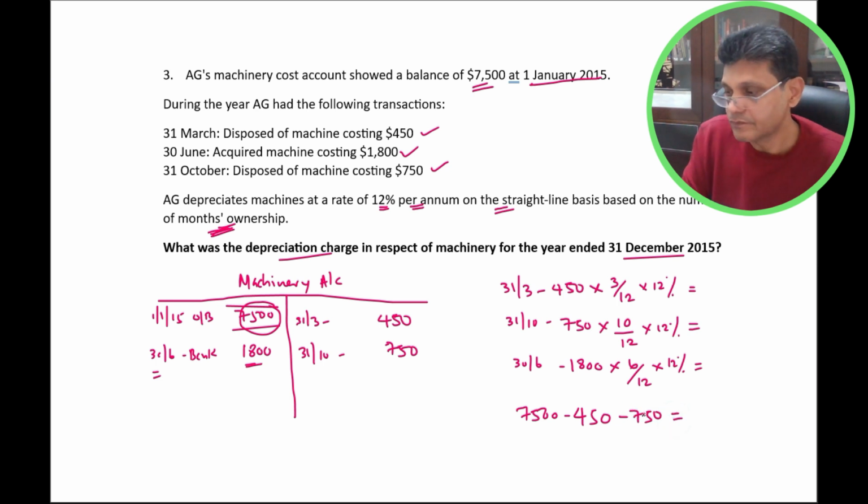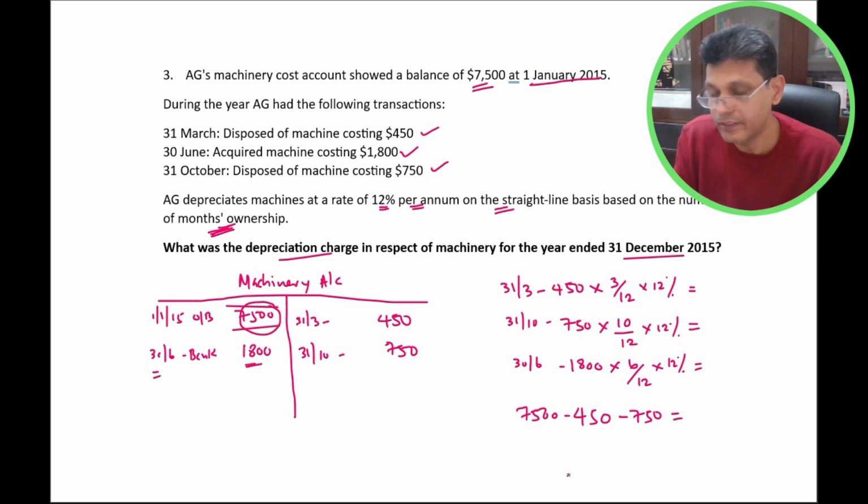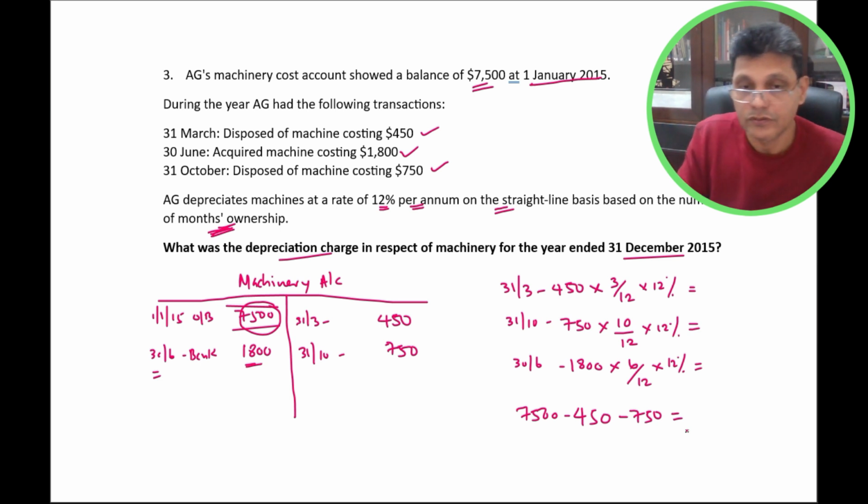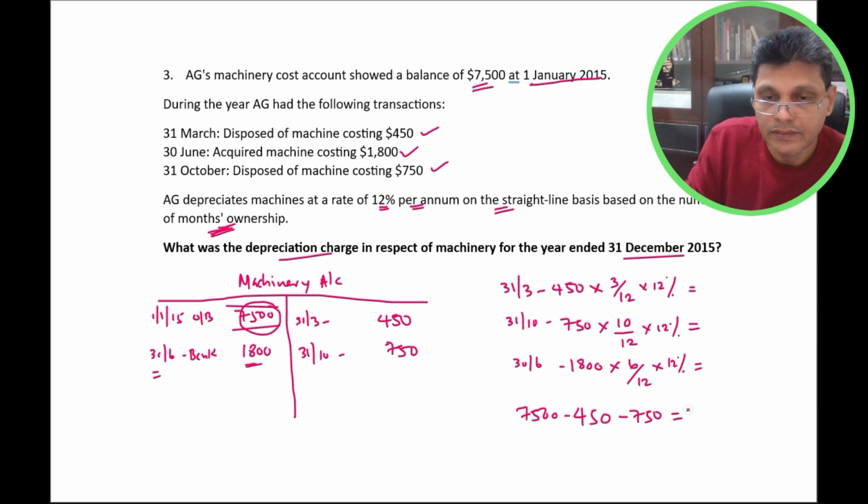If you take the assets which were held throughout the year, what is the value of the asset that was held throughout the period? 7,500 minus 450 minus 750. So that amount will be 6,300.